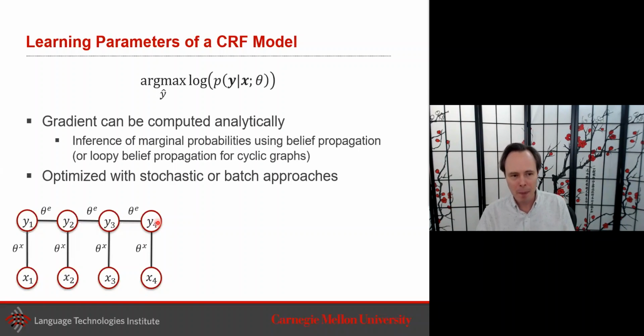If it's loopy, then that's going to get a little bit more challenging. But if it's a chain or a tree, then the inference can be done, often with belief propagation or a forward-backward kind of algorithm.